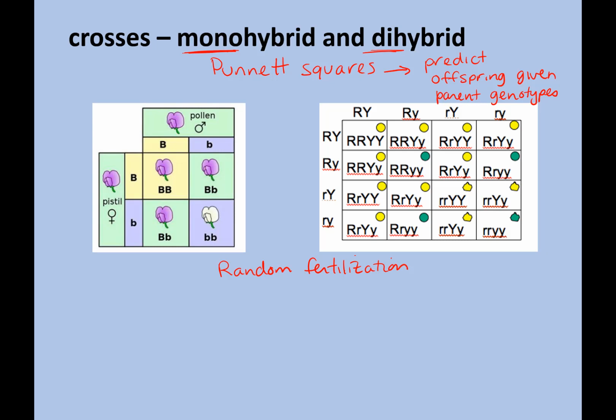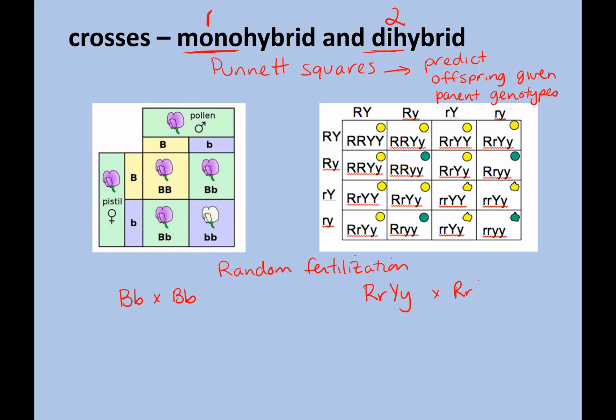Okay, so let's go back to monohybrid and dihybrid crosses. Monohybrid, mono means 1, di means 2. I only use these terms when we're crossing heterozygotes.